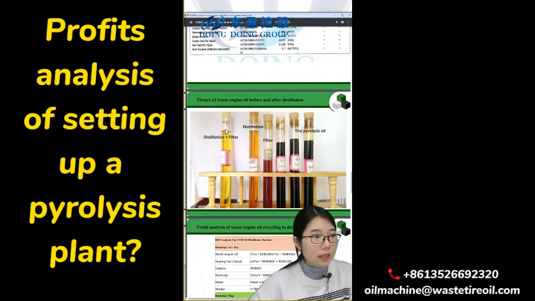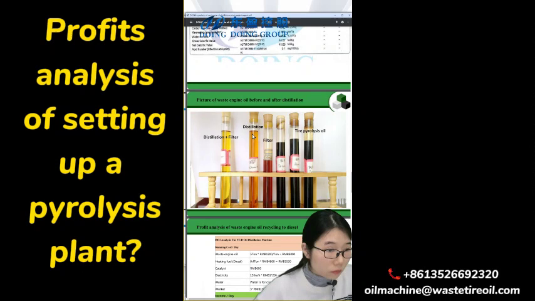So we can see this picture of the tire pyrolysis oil and diesel. This is diesel just after filter.